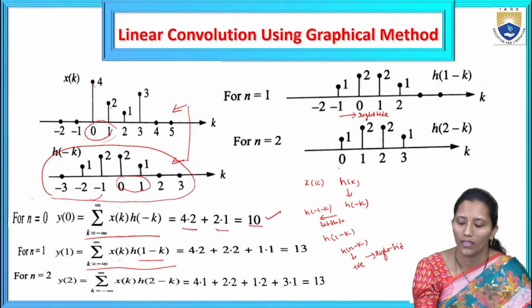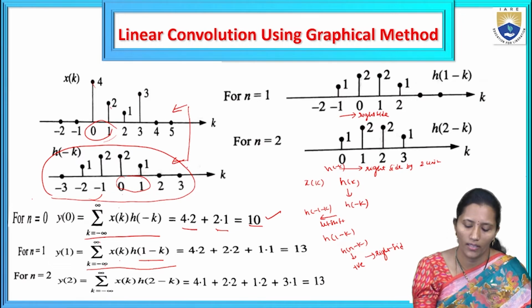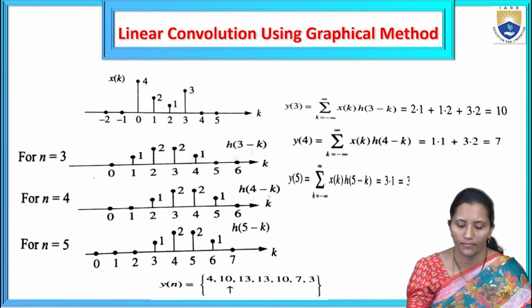If n is 2, h of minus k will be shifted to the right side by 2 units. So here we have to represent every sequence graphically and multiply it with x of k. The corresponding products will be added, and the output is the addition of those corresponding products.